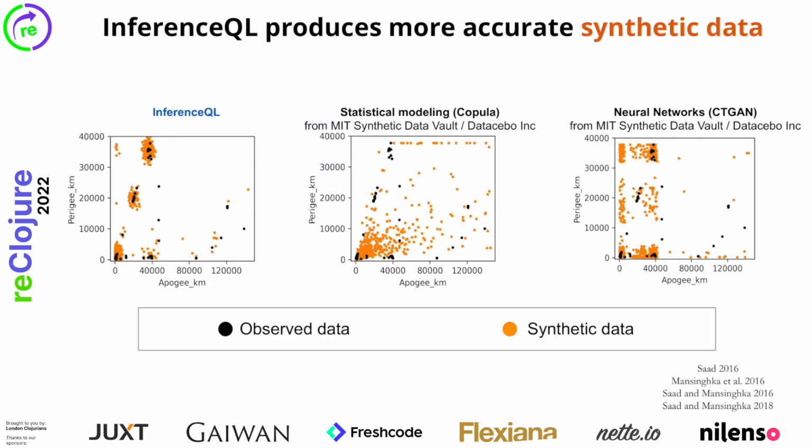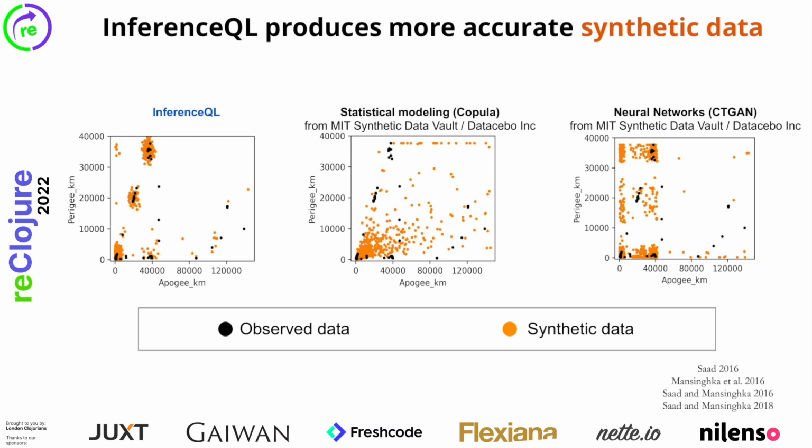To get a qualitative feeling for the differences, here we're showing InferenceQL's synthetic data in orange overlaid on real data on the left. And on the middle and right, we're showing two different statistical modeling approaches, one based on copula models and one based on neural networks from an open source platform that's also the basis of an active synthetic data startup.